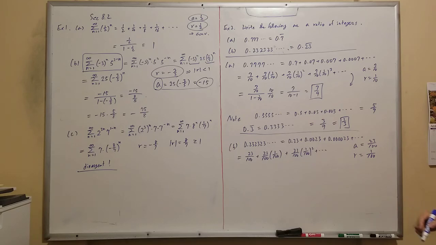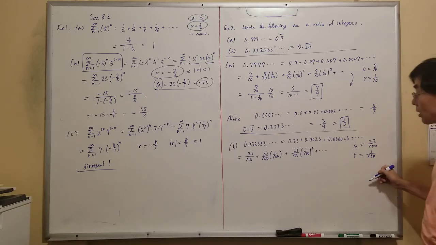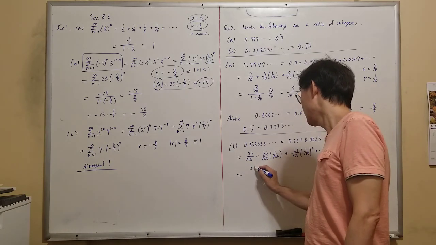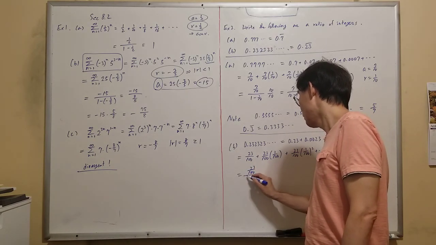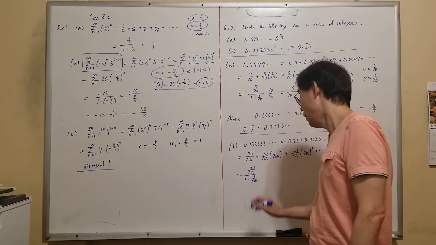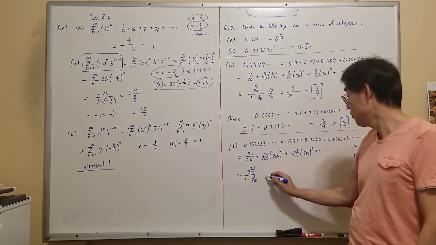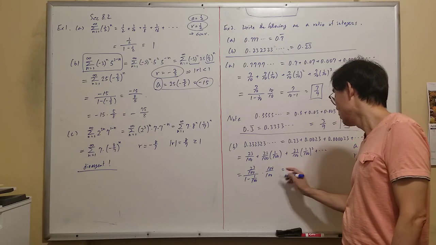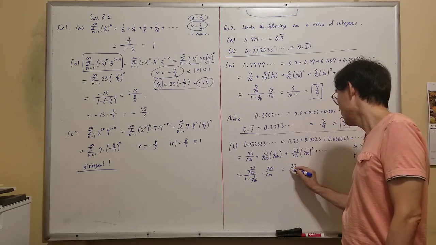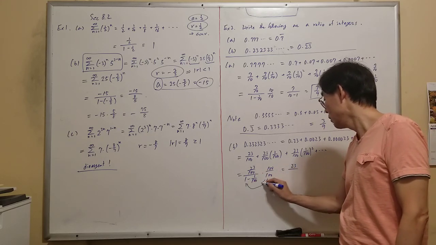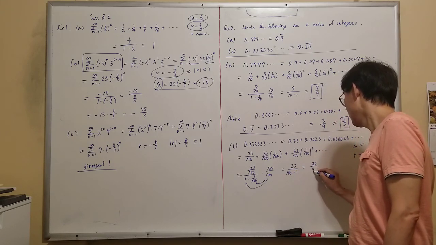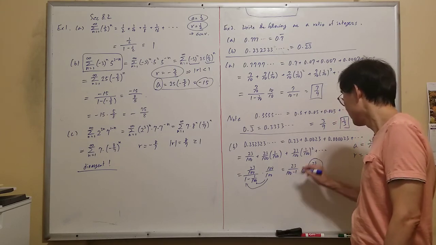The absolute value of the common ratio is less than 1, so it is convergent. By the formula, a over 1 minus r, to simplify I'm going to multiply by 100 on both sides. So 23 in the numerator, 100 minus 1, 23 over 99.